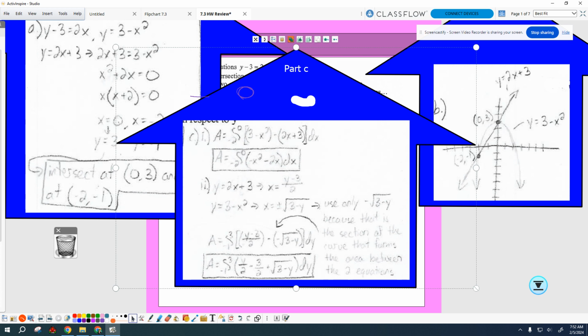Right minus left would have been a big pain because you've got to find the equation of the left side of the square root, which was a negative. But questions or issues with that?